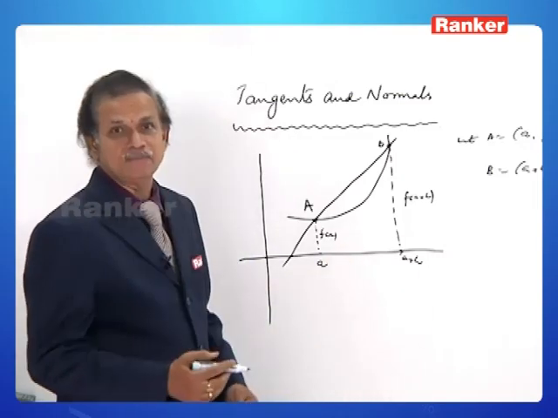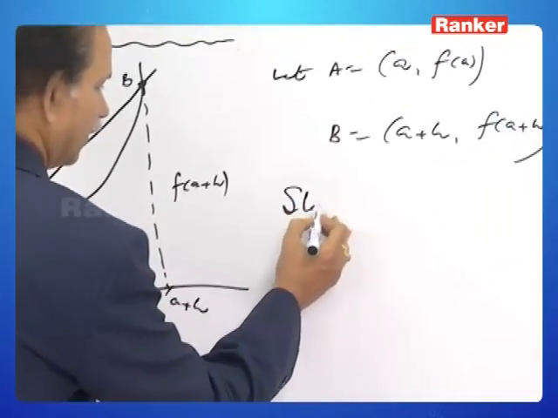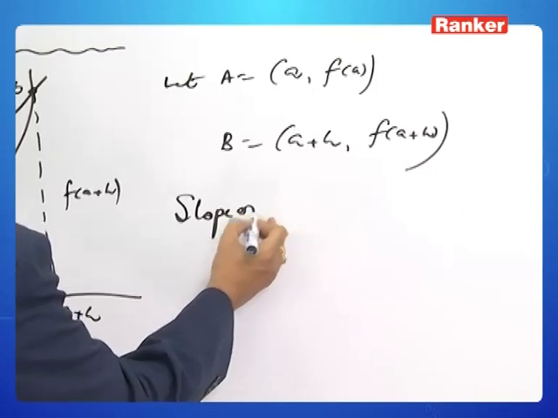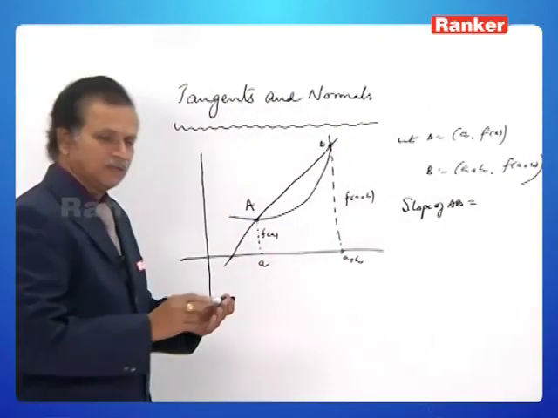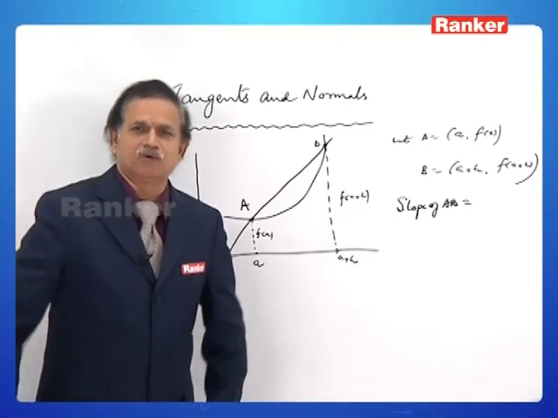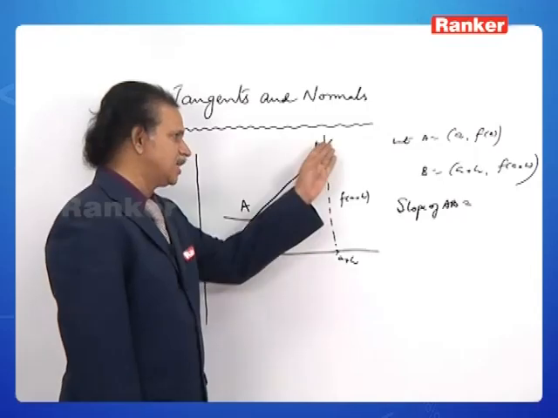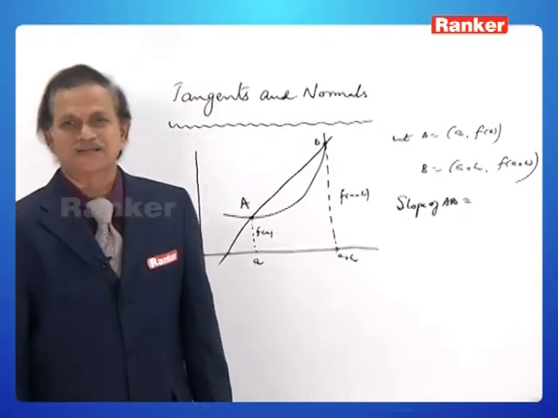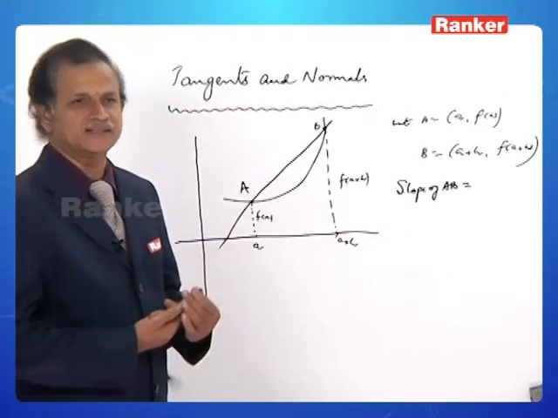You please tell me the slope of AB. From the knowledge of coordinate geometry, if this is considered as x1, y1 and that is taken as x2, y2, what is the slope of AB? y2 minus y1 by x2 minus x1.